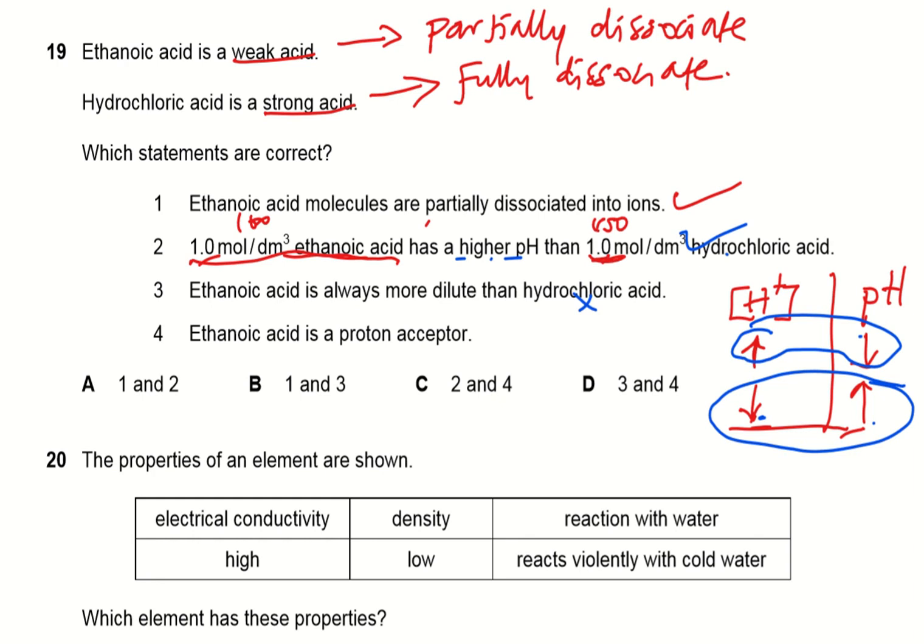Acids are proton donors, so they are not proton acceptors. So the correct option here is 1 and 2. So A is the right answer. So A is correct.